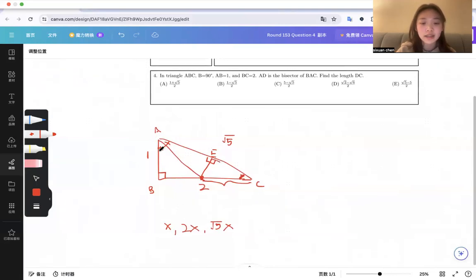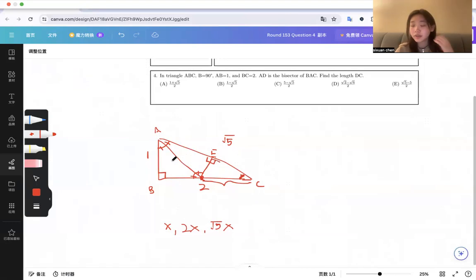Just by looking at these two triangles right here, ABD and ADE, we know that these angles are the same. And these two triangles also each have a right angle. So we know that the two angles right here are the same.